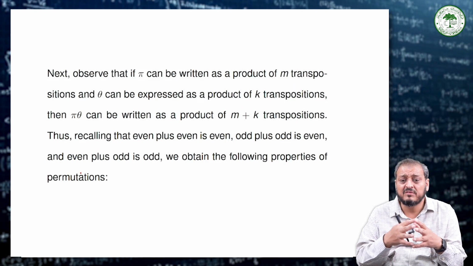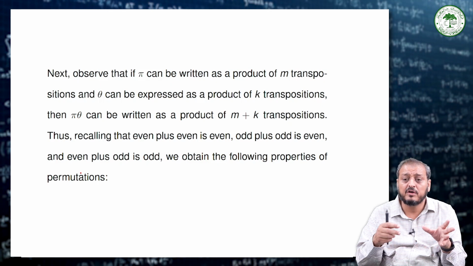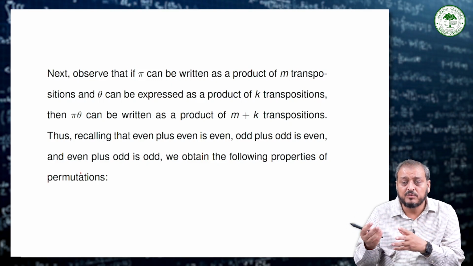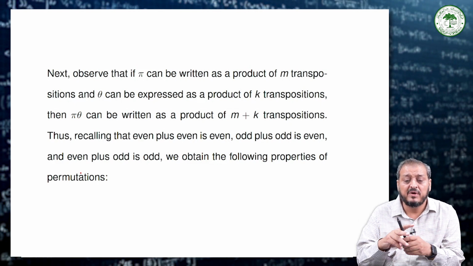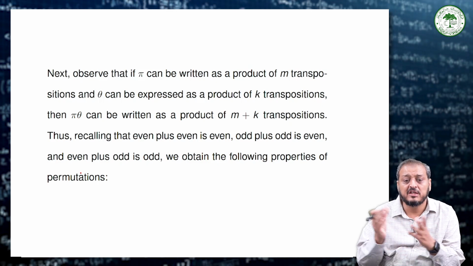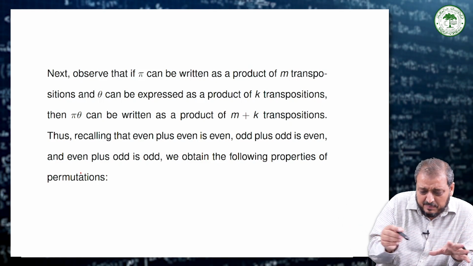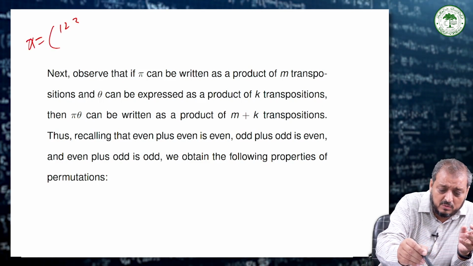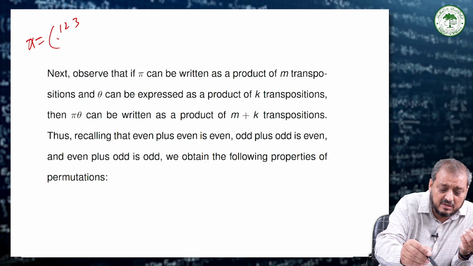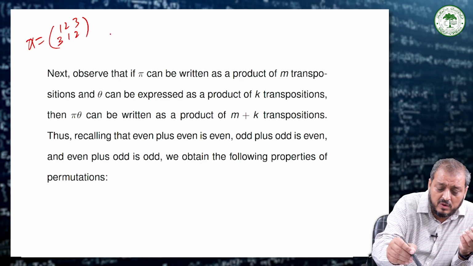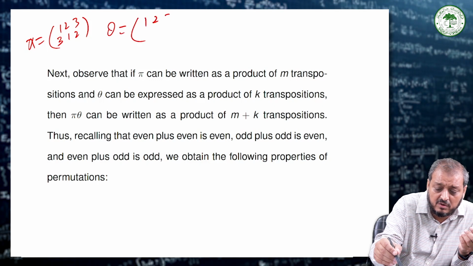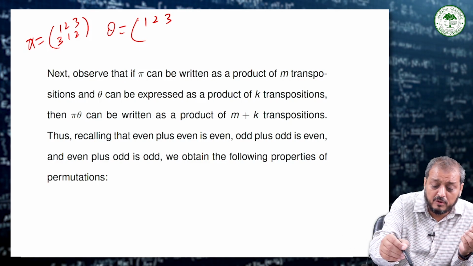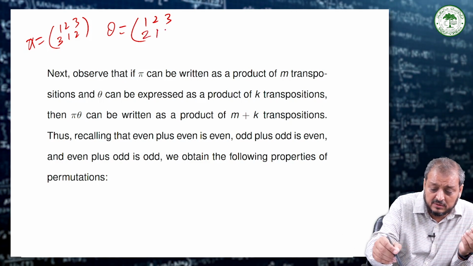Next we observe that if pi can be written as a product of m transpositions, and theta can be expressed as a product of k transpositions, then theta and pi can be written as a product of m plus k transpositions. For example, a very simple example: take pi equal to 1, 2, 3 going to 3, 1, 2, and theta equal to 1, 2, 3 going to 2, 1, 3.